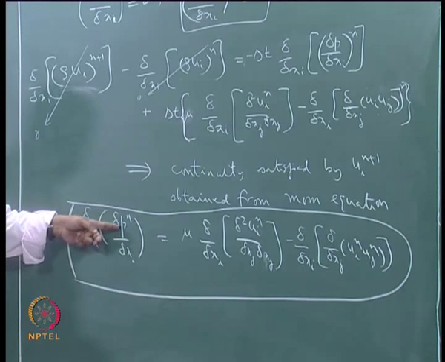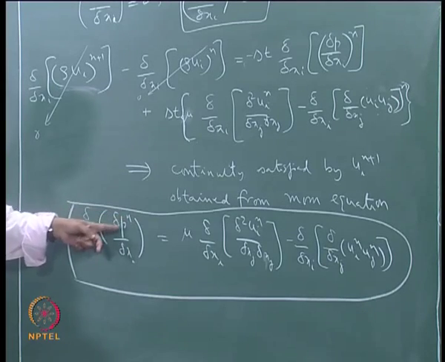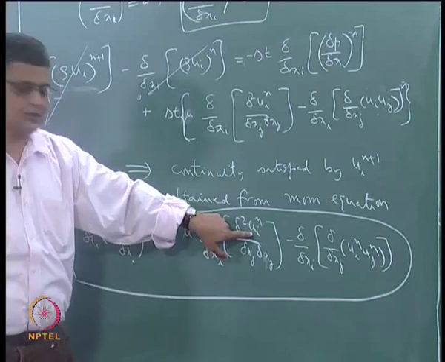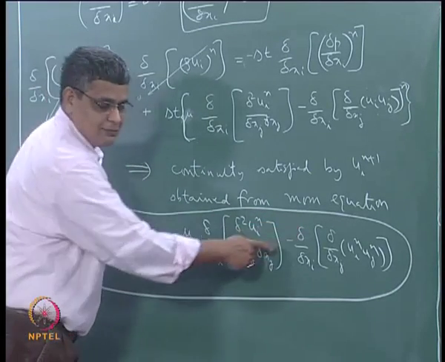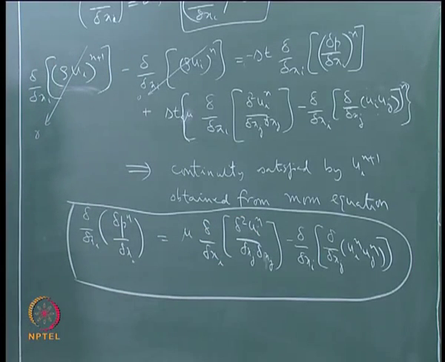a P ijk at nth value, the previous step value, to be evaluated from the previous values of the velocity field. See, on the right hand side here we have only the velocities that are appearing, and the velocities at nth time step, which are known, either from initial conditions or somehow.